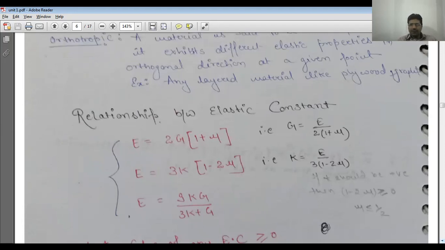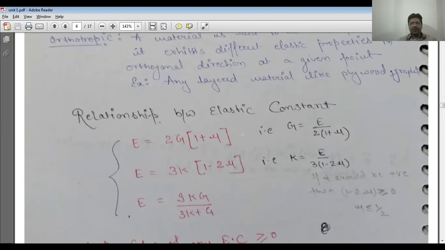The derivation of this formula is beyond the scope of the syllabus. You just have to know about the relationship between these elastic constants E, G, and mu.